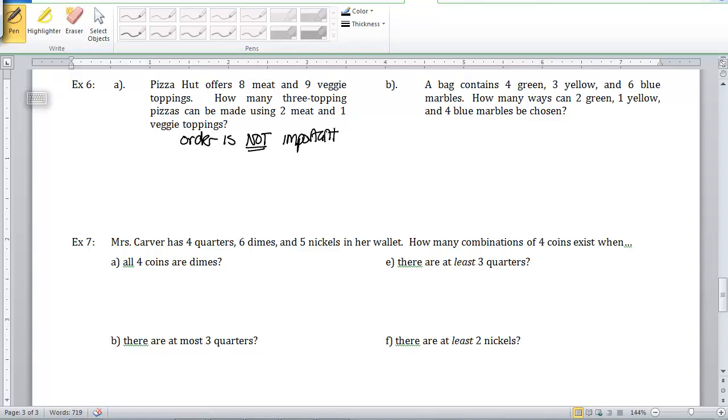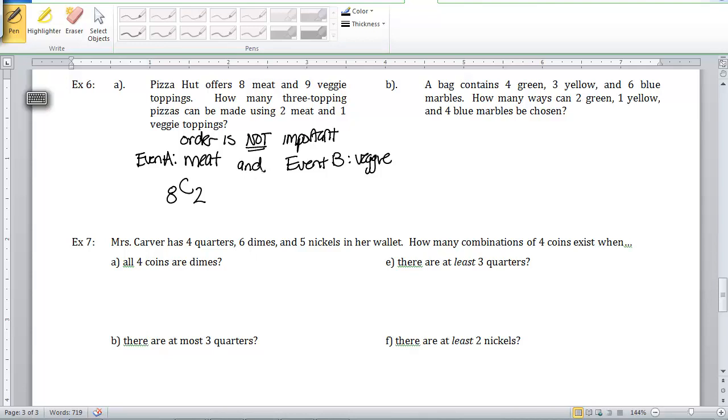So now let's look at our 2 events. For event A, we need to choose 2 meat toppings. And for event B, we need veggie toppings. So from the meat, there are 8 different meats. I need to choose 2.